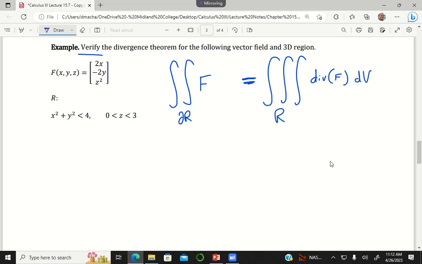So let's first look at this surface integral over the vector field.